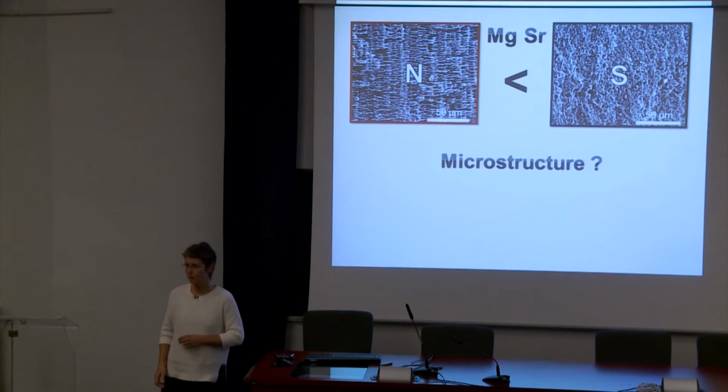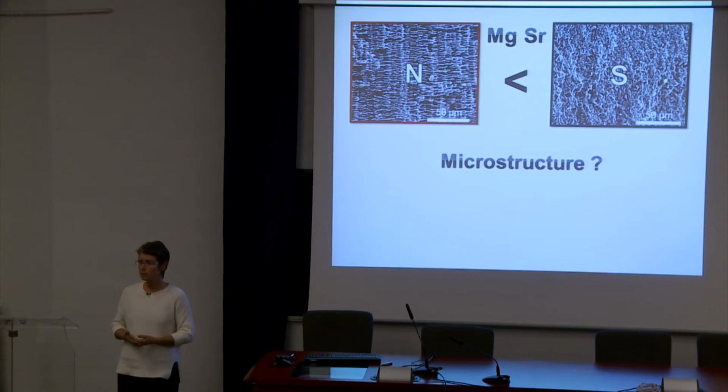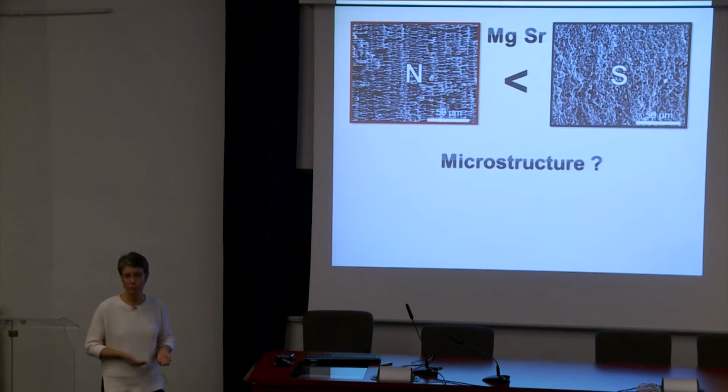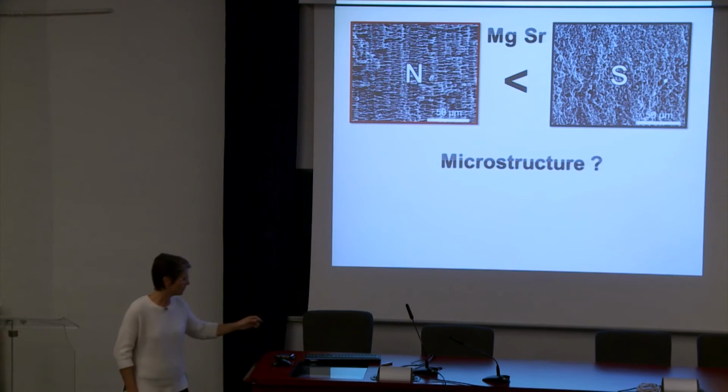So the question is how? Is this average difference related purely to the microstructure? For example, does the magnesium enter more easily in the granules from the spherolytic layer than in the plates from the nacre, even if both are aragonite?